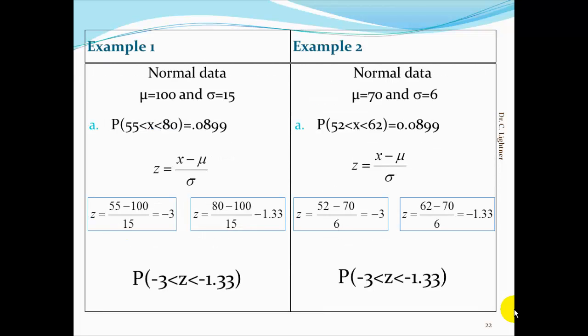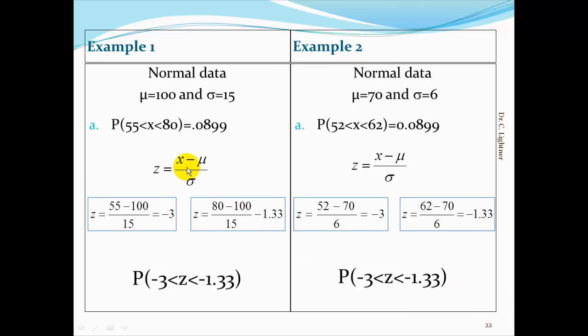If we examine part A for both of these examples, in example 1, we had a mean of 100 and a standard deviation of 15, and we asked for the probability that x falls between 55 and 80. In example 2, we had a mean of 70 and a standard deviation of 6, and we asked for the probability that x falls between 52 and 62. If we convert both of these x intervals into their z-score intervals, then we will begin to see the similarities emerge.